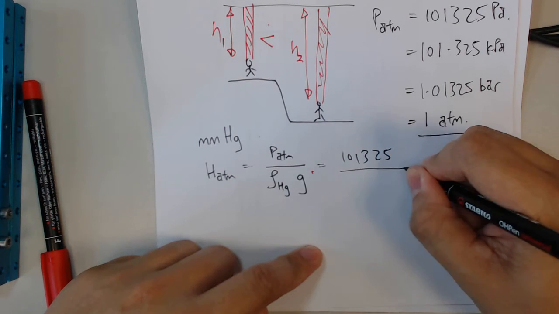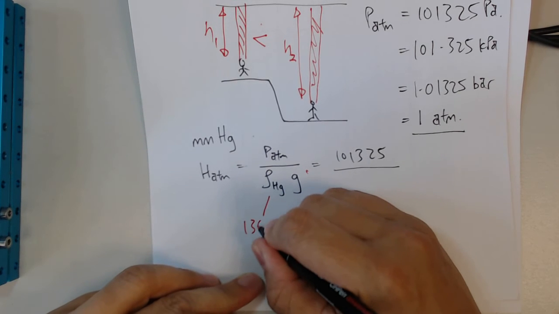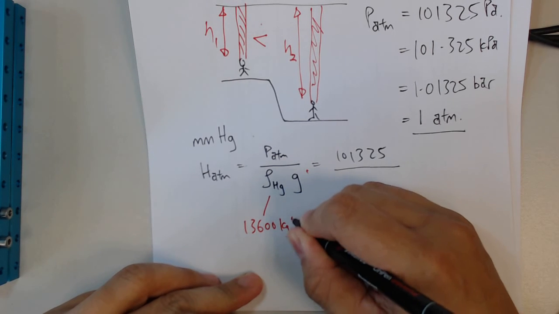This gives you 101325, and for the density of mercury you can use 13,600 kilograms per meter cube.